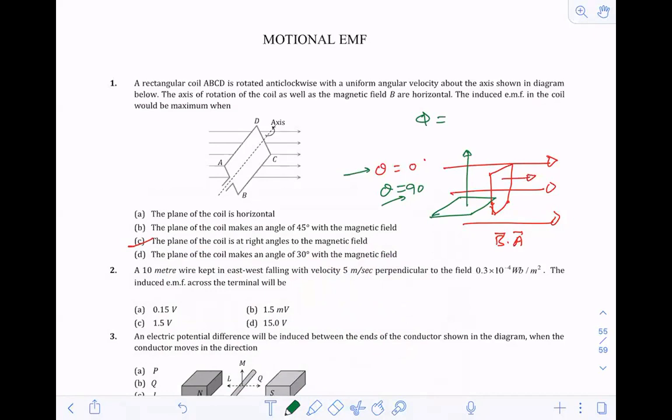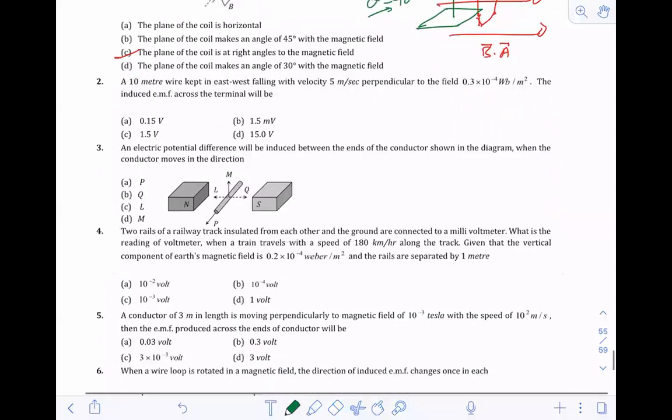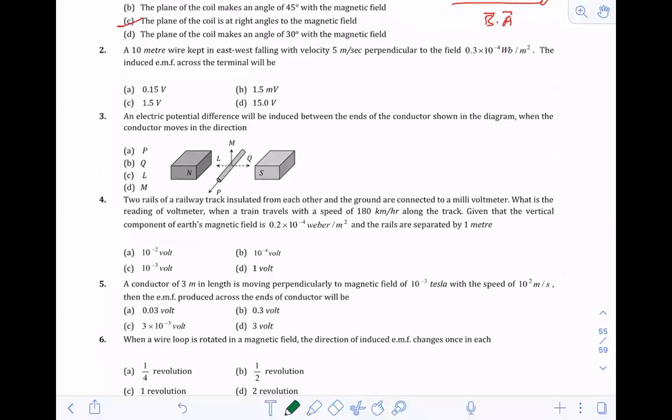Okay, question number 2. Read the question number 2. All those who have solved question number 1, just go to question number 2. Yes, do it fast. You people are taking a lot of time. Okay, 2 answers I've got from Mohan and Stanley.